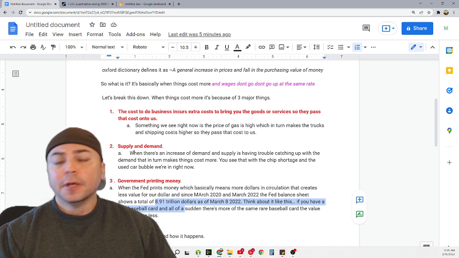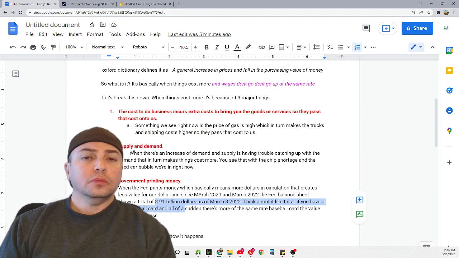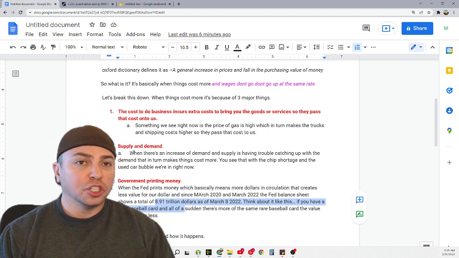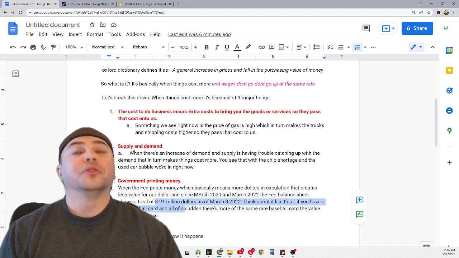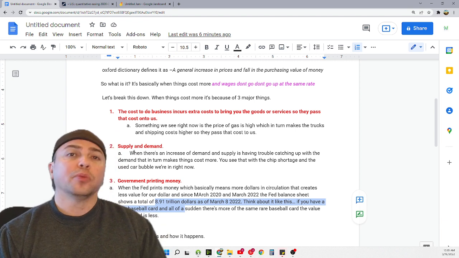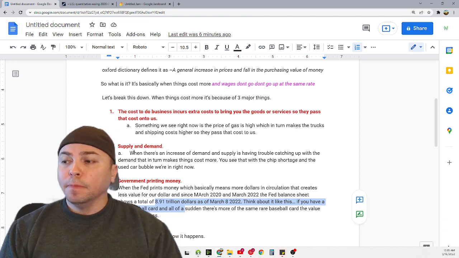Supply and demand: more demand of something because there's less supply. We see that right now with the chip shortage. We see that right now with used cars. The used car market is up almost 40%, according to CPI. And that's huge.